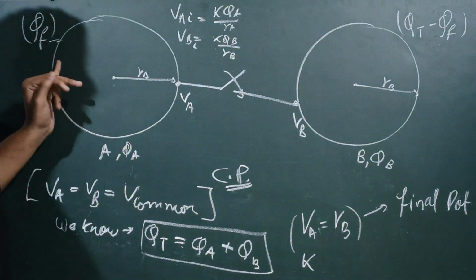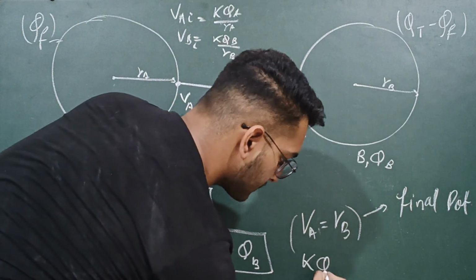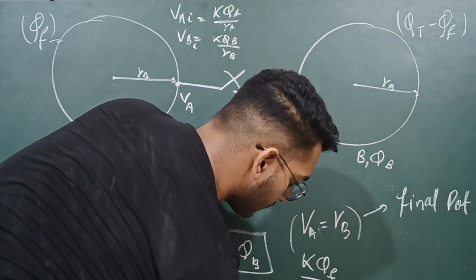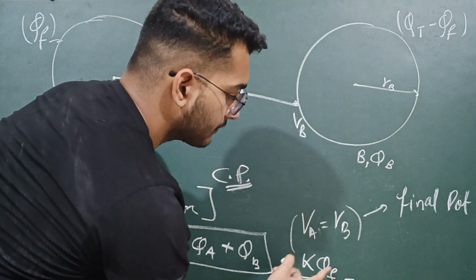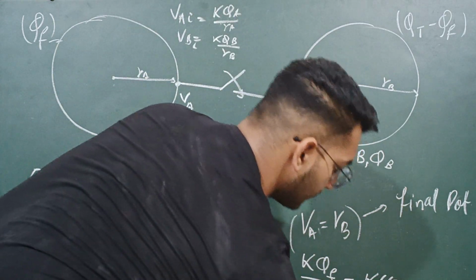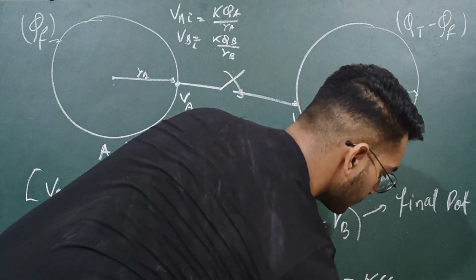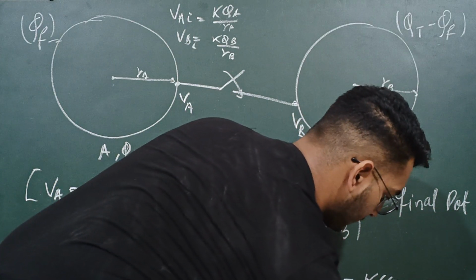So let me write its potential in the final state. Q final by RA equals KQ by R. So the final charge on B is K times QT minus QF upon RB.